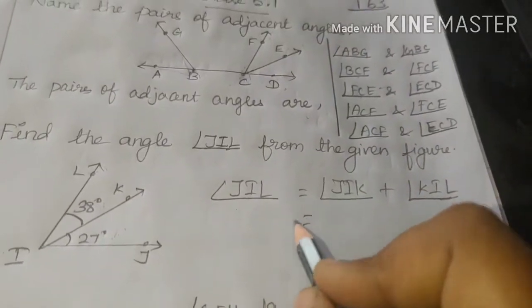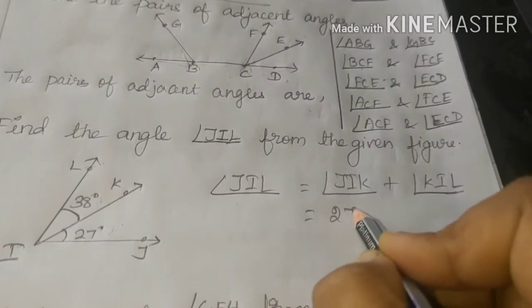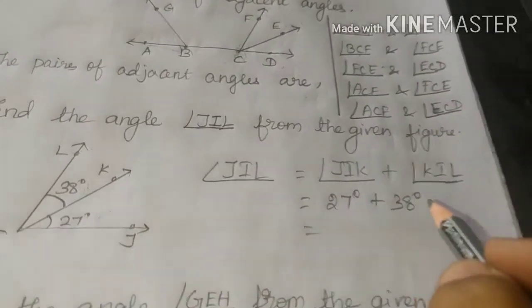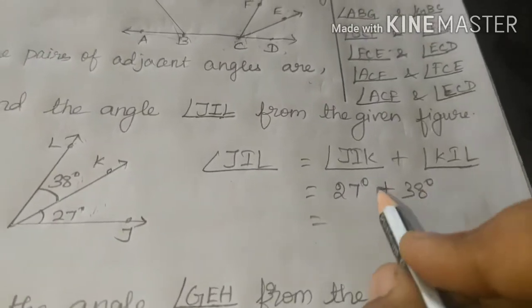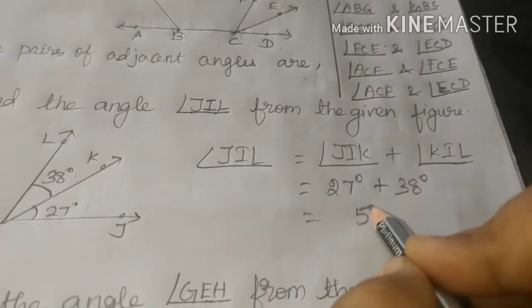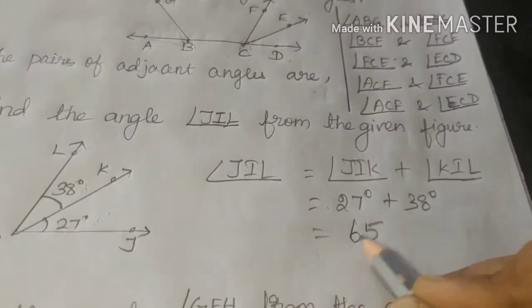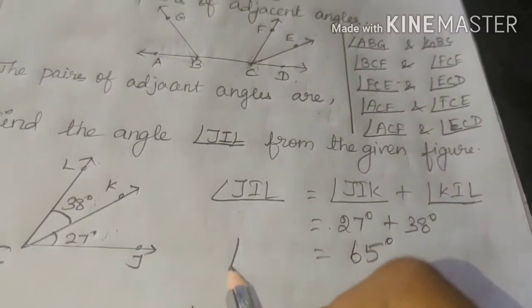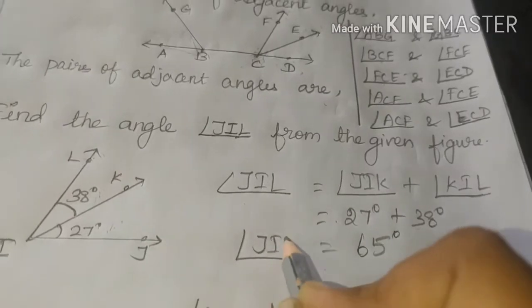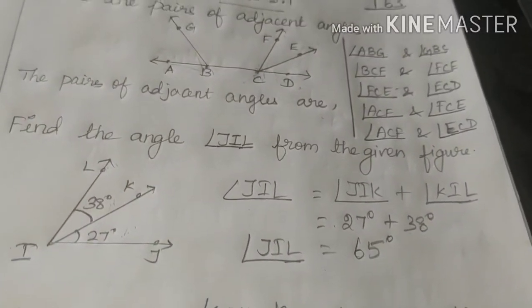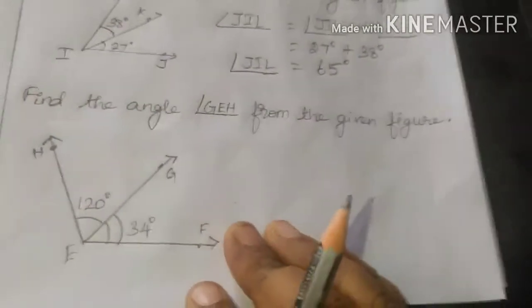So JIK is 27 degrees plus 38 degrees. If we add these two, what will we get? 8 plus 7 is 15, carry 1. So 3 plus 2 is 5, plus 1 is 6, 65 degrees. So angle JIL is 65 degrees. That's all, children.